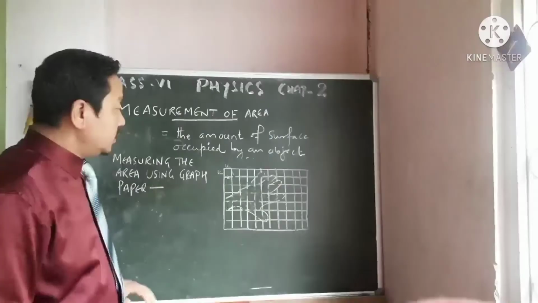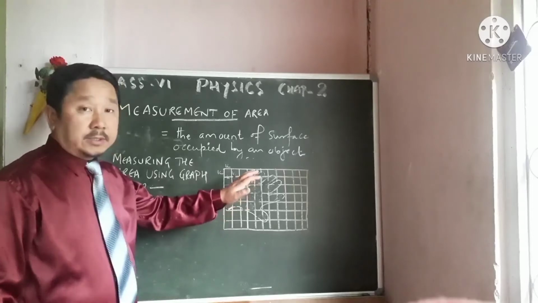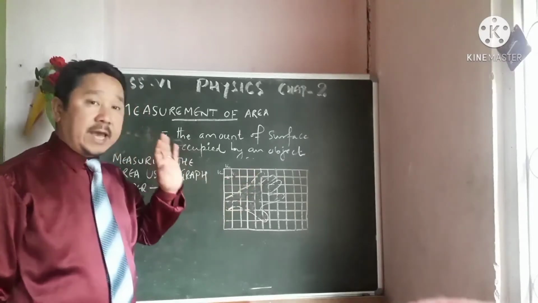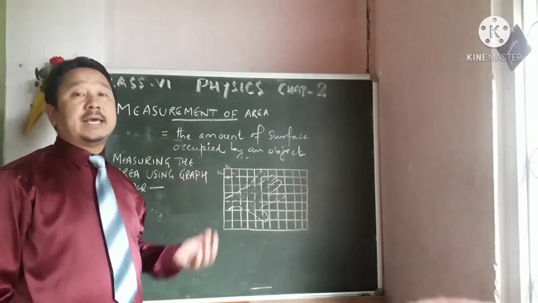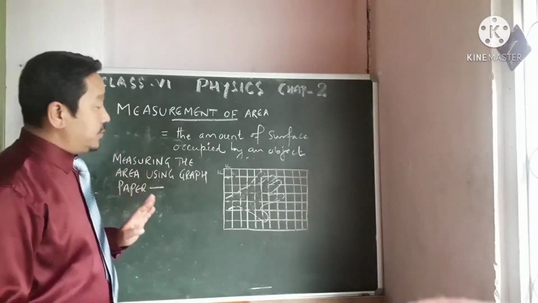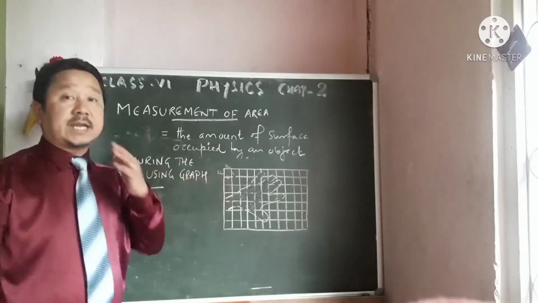Now remove it. So you have already drawn the outline of your hand. Now you have to measure the area of the outline of your hand using this graph paper.